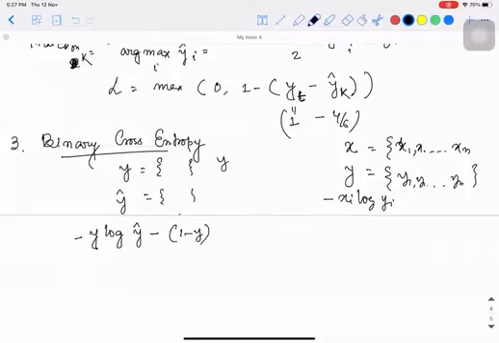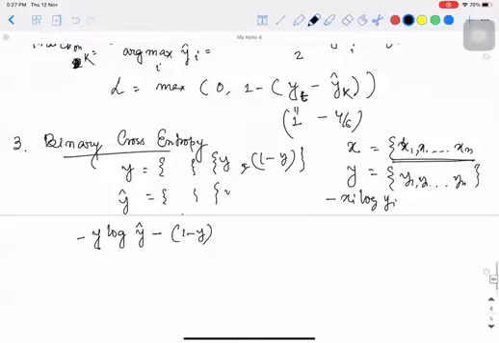In the first case we saw n different values; here you have only two, y and 1 minus y. Similarly, you have y hat and 1 minus y hat. So y log of y hat minus 1 minus y log of 1 minus y hat. This is called binary cross entropy.